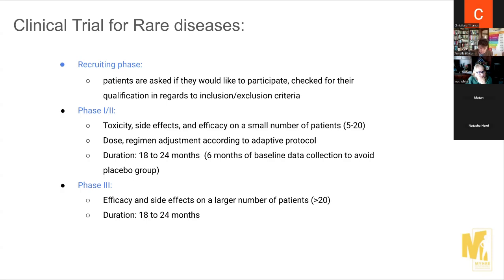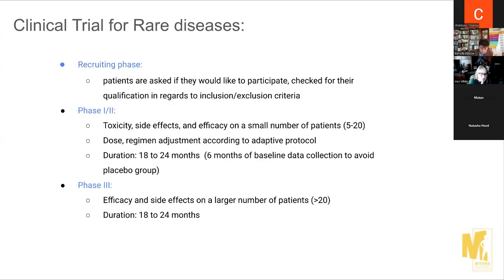So you really measure everything, all the domains, during 6 months without the treatments, because we don't want to have a placebo group. We want to have everybody on the treatment. So you include 6 months where you are going to measure everything on each patient, and the patient is going to be its self-control.